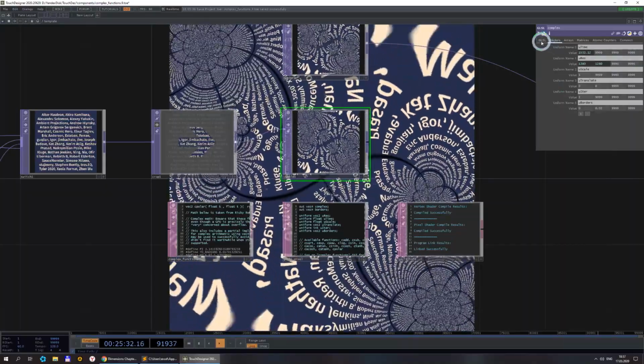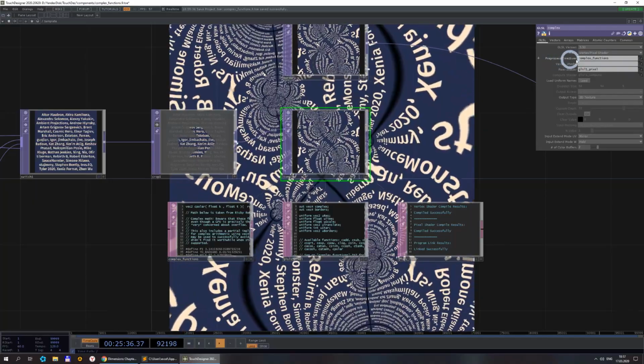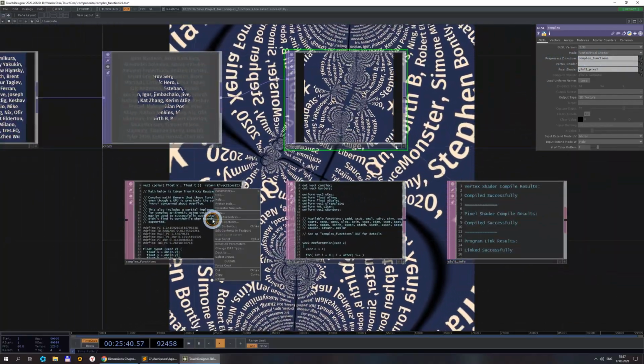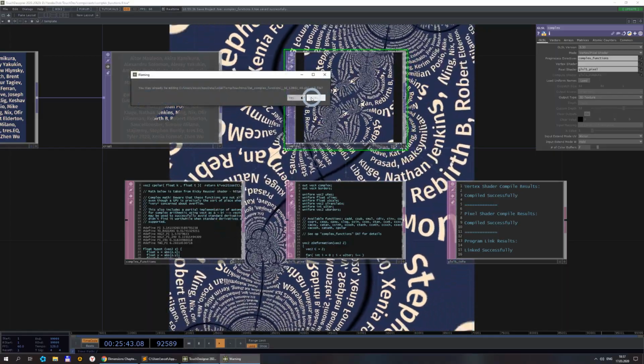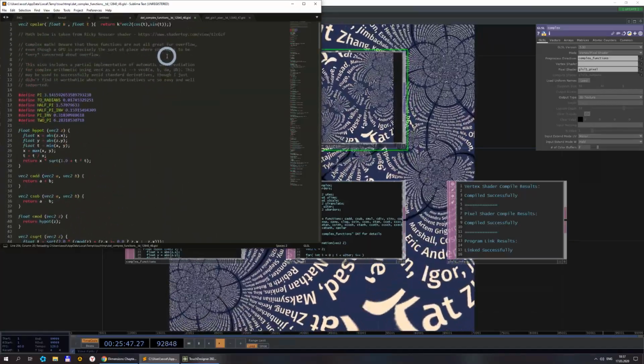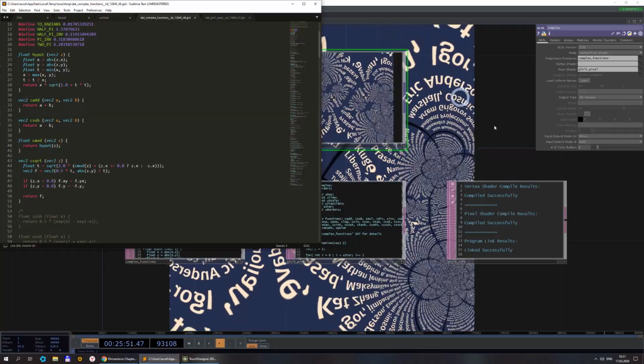And this GLSL consists of two shaders. One is preprocess directives and some functions, and it consists of all the functions you need to calculate these complex functions.